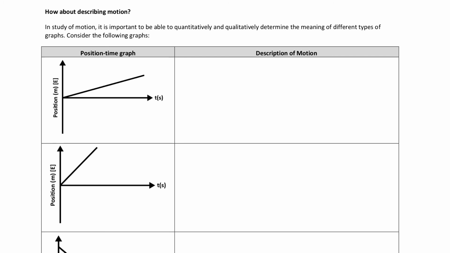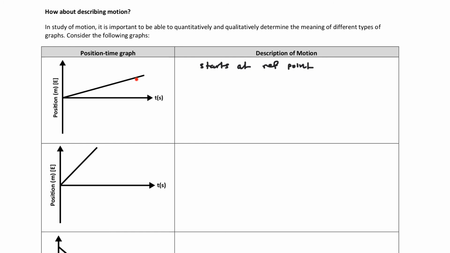So in this one, you can see first of all, this is the starting point, this is the end point. At the starting point, the person or the object is at the reference point. So it starts at the reference point, and then they're moving in the positive direction of position.